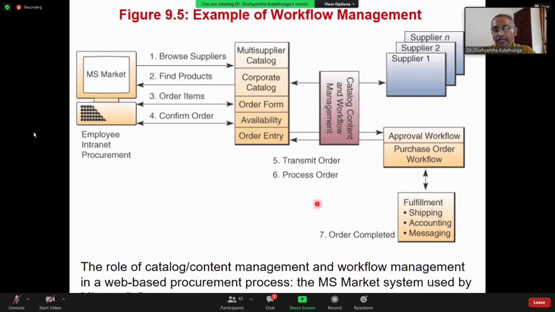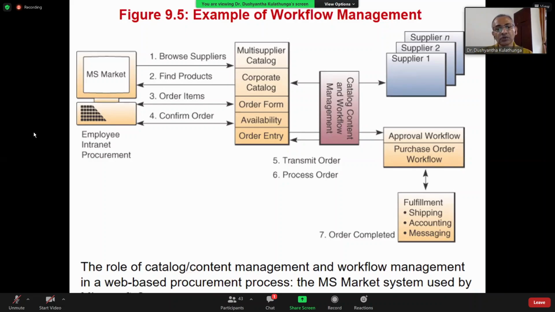Now, one example is highlighted here. It says the role of catalog or content management and workflow management in a web-based procurement process. Now this workflow is related to a web-based procurement process.